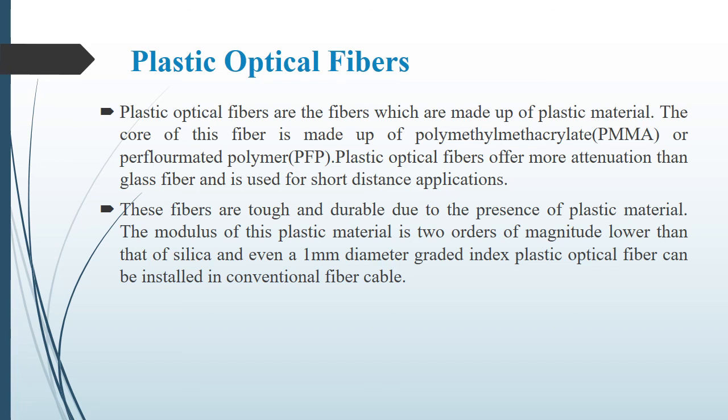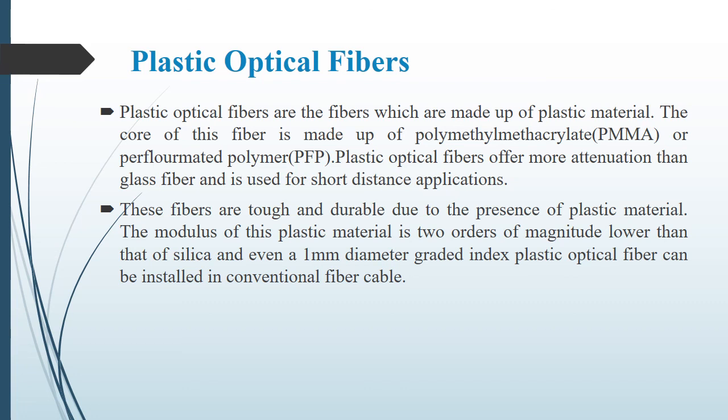The attenuation of the optical signal is very high, ranging from 150 dB per kilometer for PMMA to 1000 dB per kilometer for polystyrene. So these plastic fibers are limited to short distance applications at a lower data rate. Some of the applications are industrial controls, automobiles, sensors for detecting high energy particles, and general illumination purposes, including short haul data links.